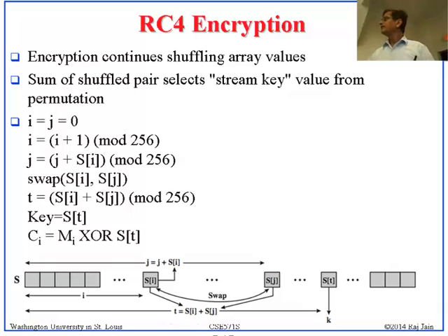And then when you come next time, you increment i, calculate j, swap Si and Sj, calculate t, and then send out the counter for St. Next time you come, again increment i, calculate j, swap Si and Sj. So every time you're shuffling the deck, shuffling these 256 cards, and then taking out a card and saying, here's a random number.